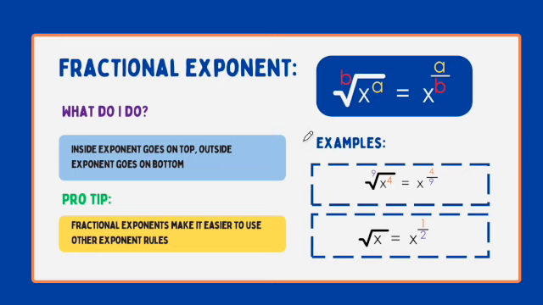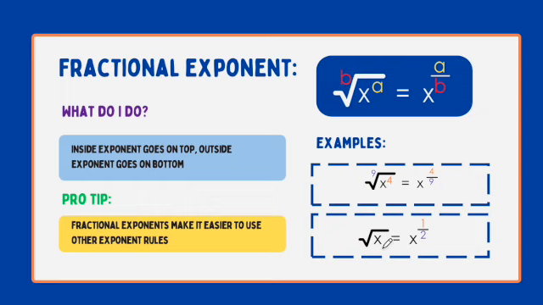That makes it easier to use other exponent rules. So in this example, x raised to the power 4 under a root of 9, the inside exponent became the numerator and the outside exponent became the denominator.